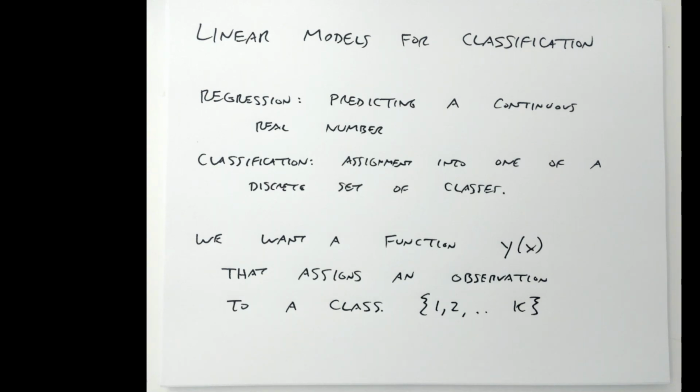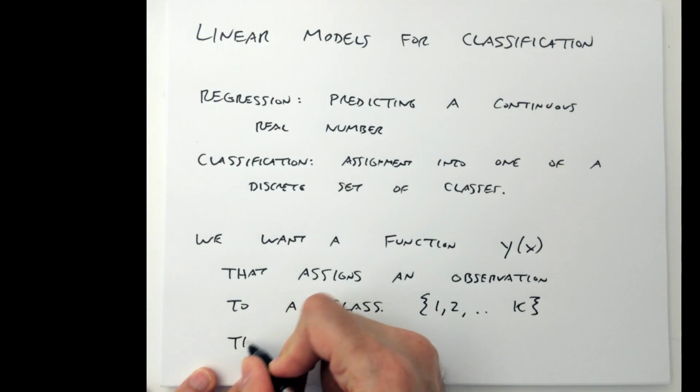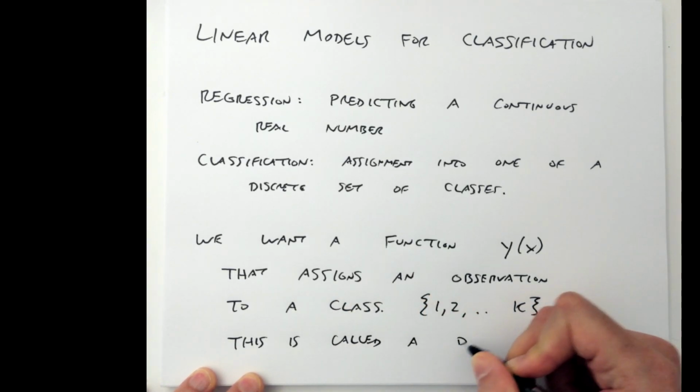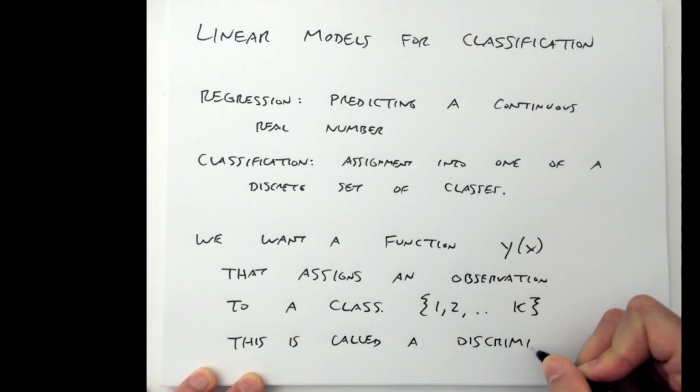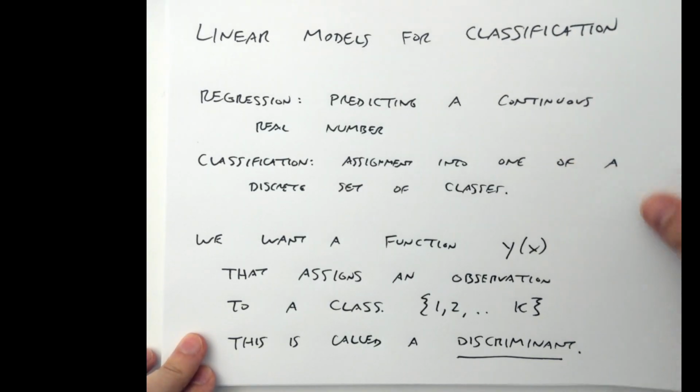So such a function that goes from observation space to one of this labeled set of classes is called a discriminant. Okay, and so today we're going to talk about what are called linear discriminants, where this decision basically is like a linear combination of the input features, maybe plus an extra constant. Okay, so that's what we're going to talk about today.